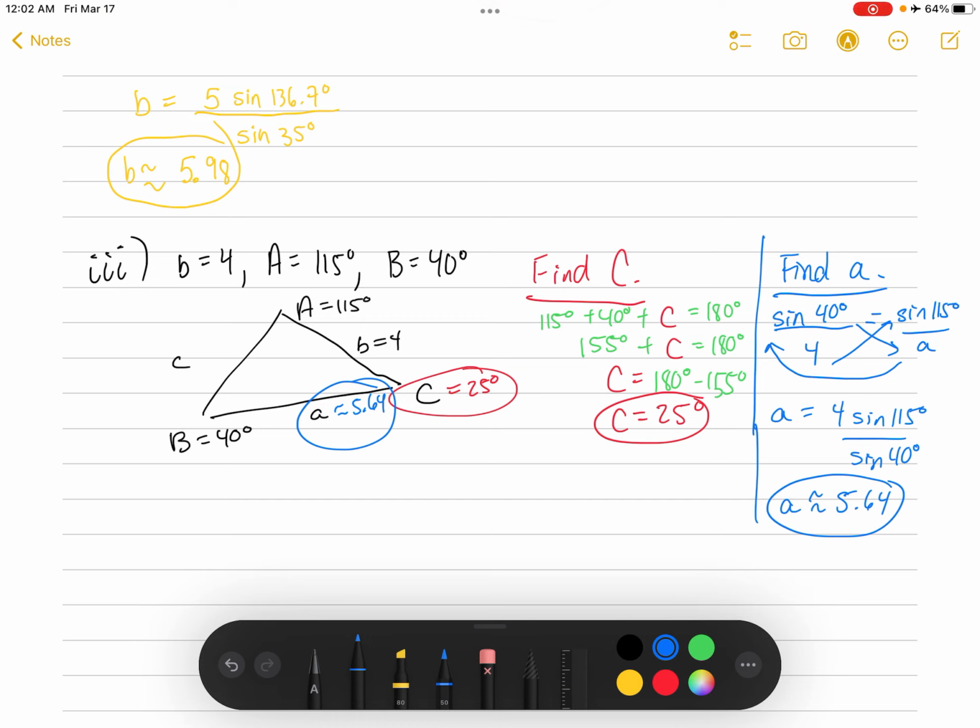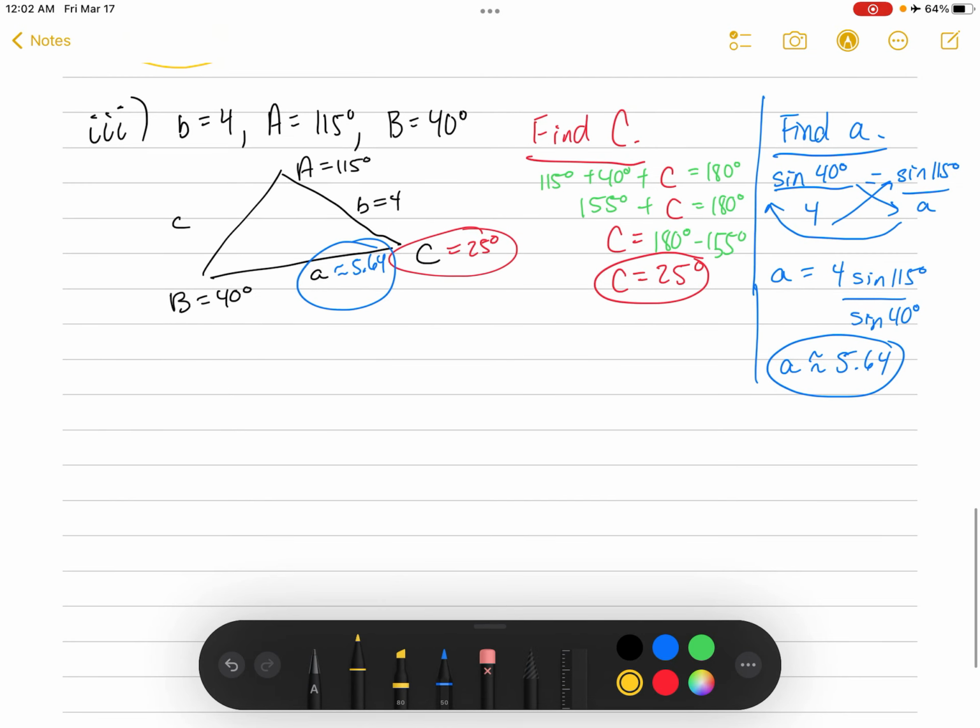All right, let's find little c. Using the law of sines, I can say that the sine of big B, 40, over little b, 4, is equal to the sine of big C, 25, over little c.